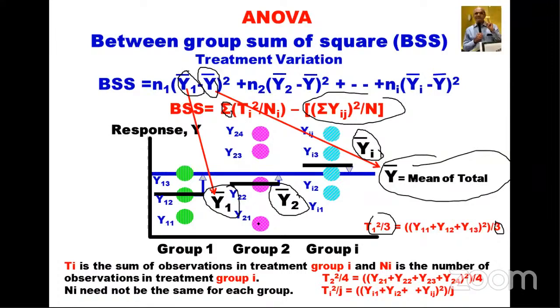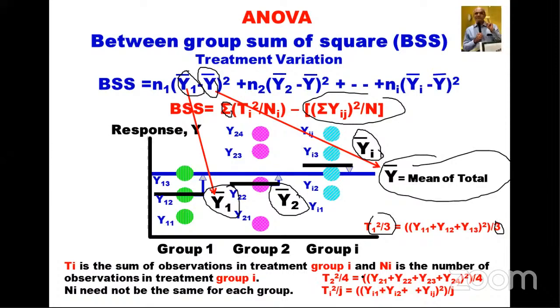So similarly, T2 is the sum of the second group, whole square, divided by the number. If it is 4, then by 4, or if it is n2, then by n2. Similarly, the third group and so on.